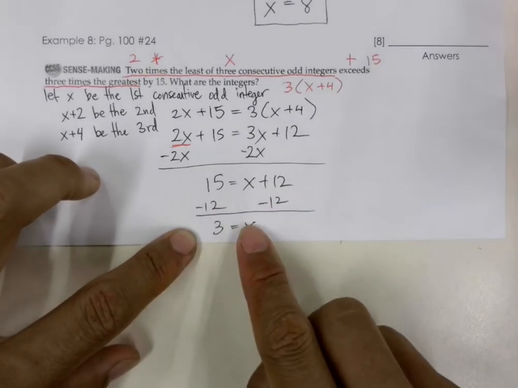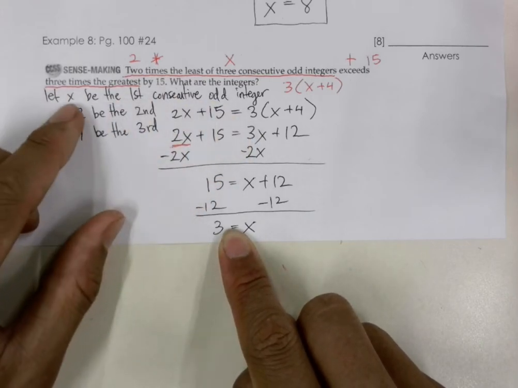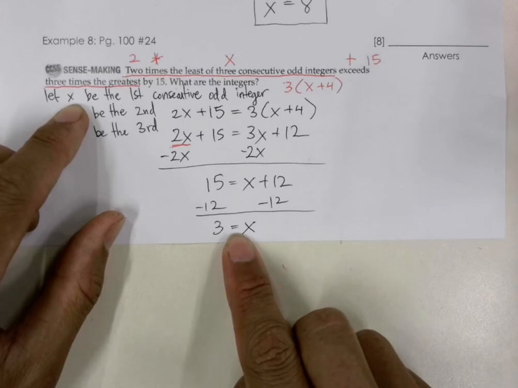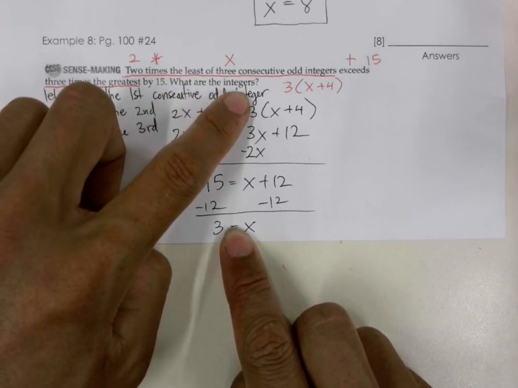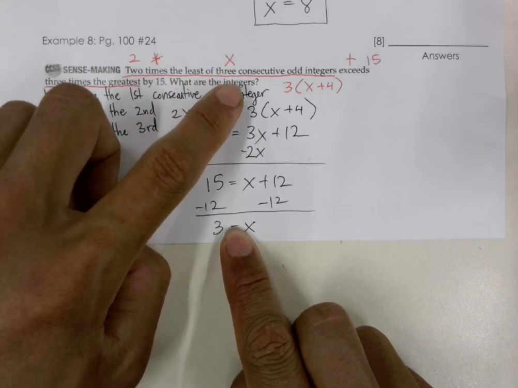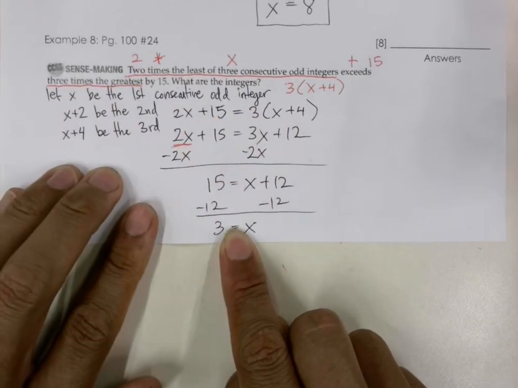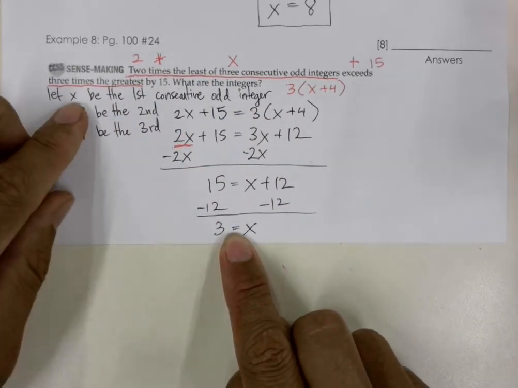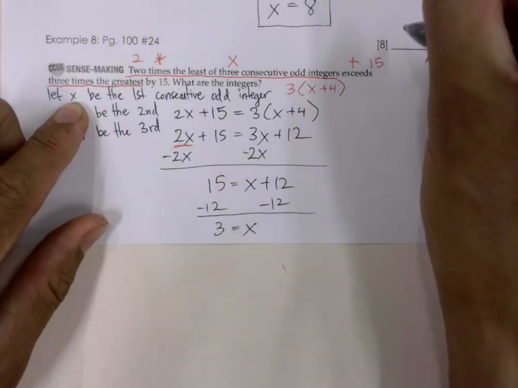But now the question isn't what is the first consecutive odd integer, which x is. The question is, what are the 3 consecutive odd integers? Well, we know the first one is 3. So I'm going to put that up here, 3.